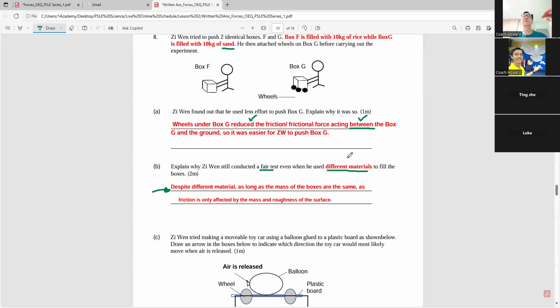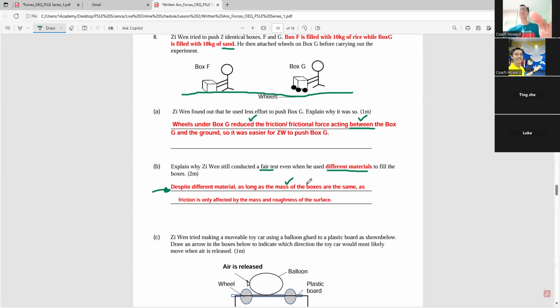Because friction is only affected by the mass and the roughness of the surface. Roughness of the surface means like the floor. It's not affected by the material. So this is the part you need to mention, that frictional force is affected by the mass, not the material of the box. Okay, everyone?